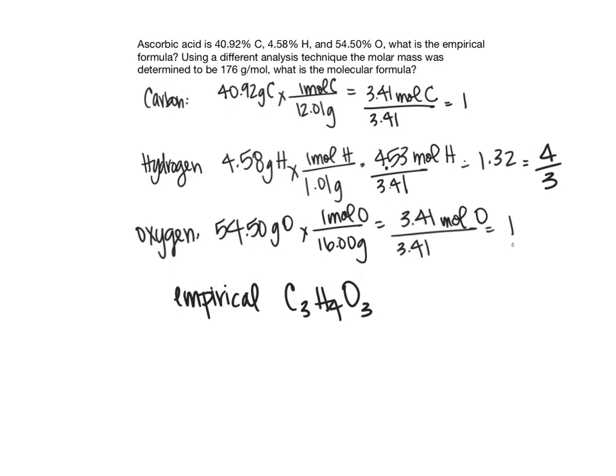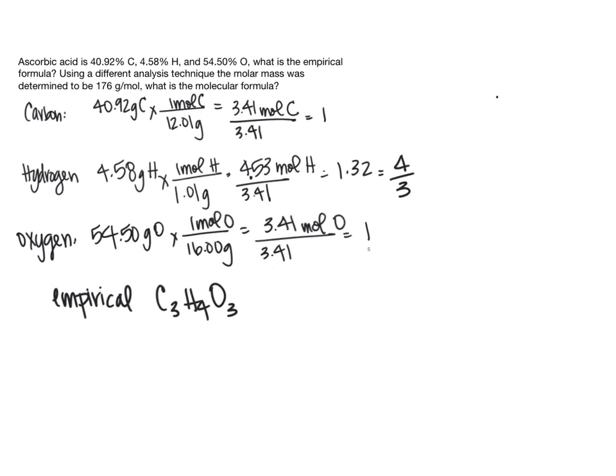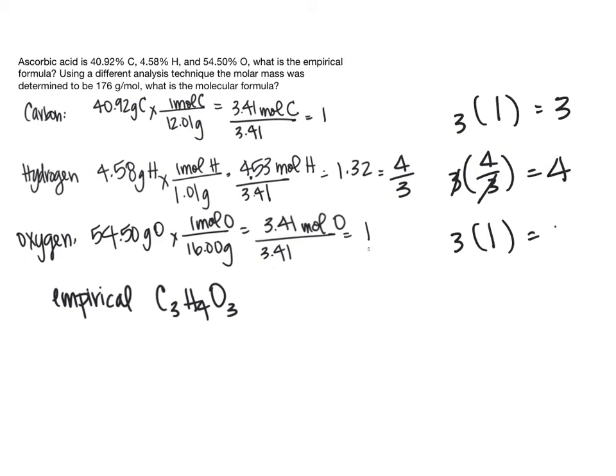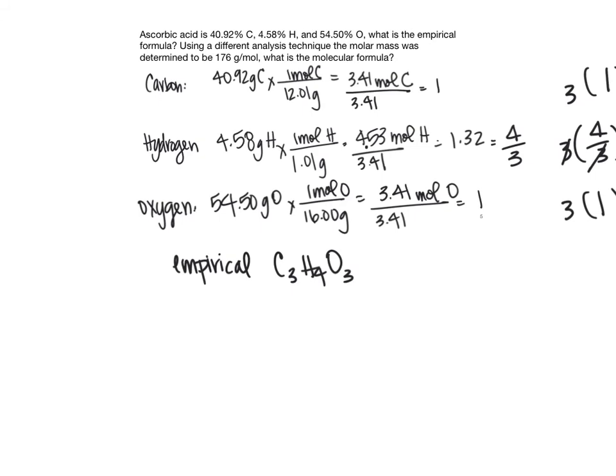So what that means is we would have taken our 1, our 4/3, and our 1 and multiplied all of these by 3. So that allows these 3's to cancel, which gives us 3, 4, 3. And that is what we get in our empirical formula.